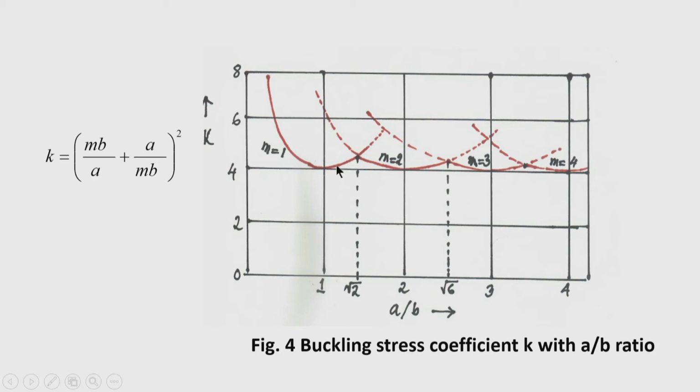Okay. At exactly 1 it is 4. Okay. Now, for any integer value of this a by b ratio, we have seen that the critical stress coefficient or buckling stress coefficient is 4. Okay. So, here again it is conforming to the result.